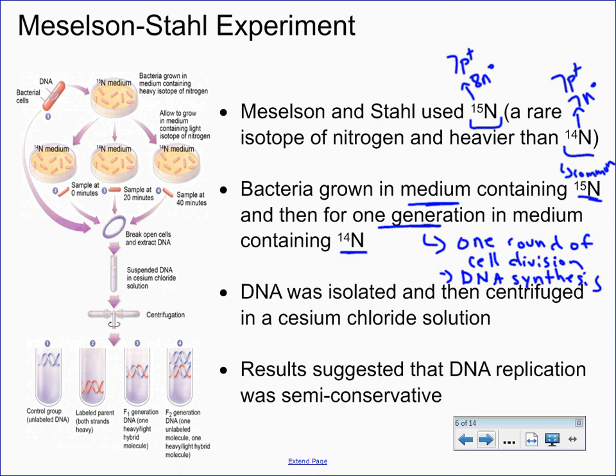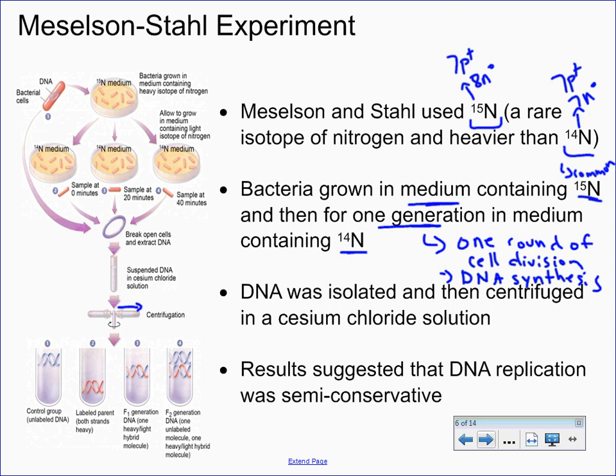After this, the DNA was isolated and then centrifuged in cesium chloride solution. Centrifugation is basically a process in which a solution in a test tube is spun around really fast. The components within that test tube, as it's being spun around, will start to migrate towards the bottom of the test tube.